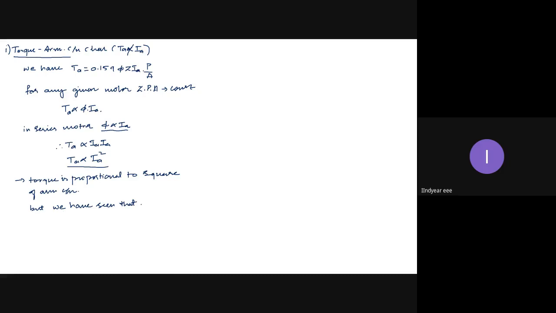But we have seen that flux is proportional to Ia only till magnetic saturation.